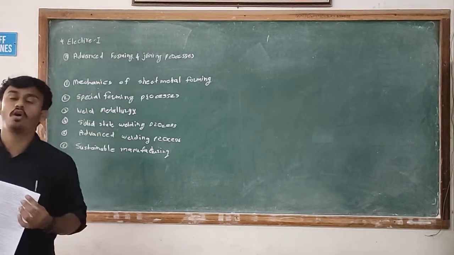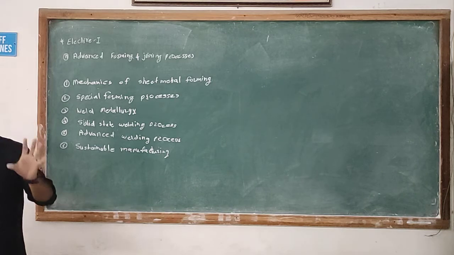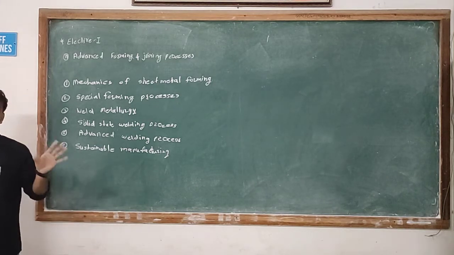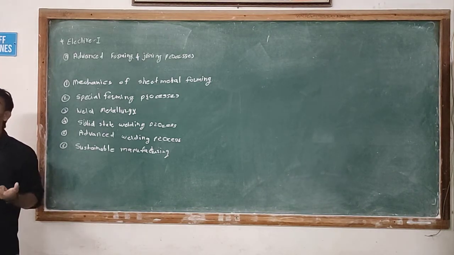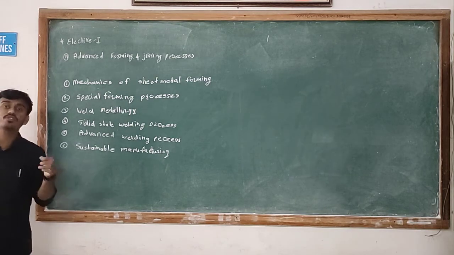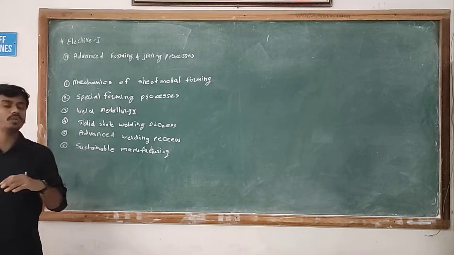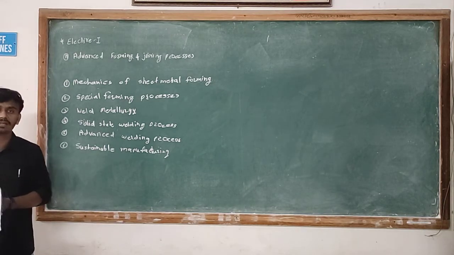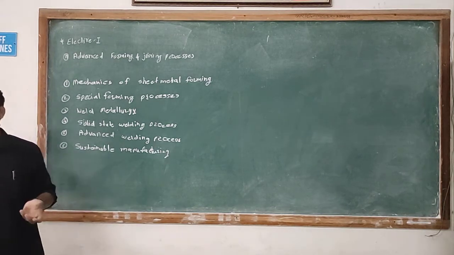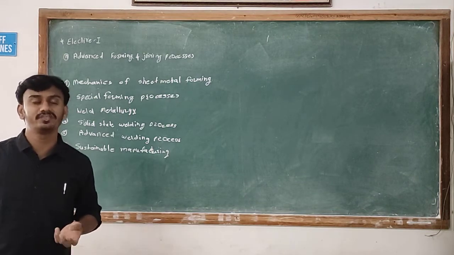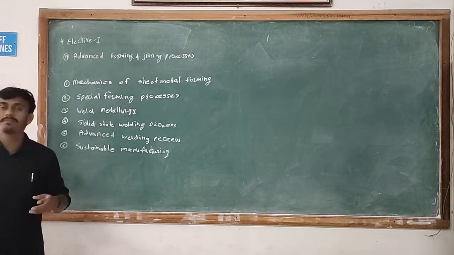The next one is solid state welding processes. We know that in welding, heat is provided to the material, and due to this heat the material reaches its melting point, and then we join the material by adding some filler material, or sometimes no filler material is used.